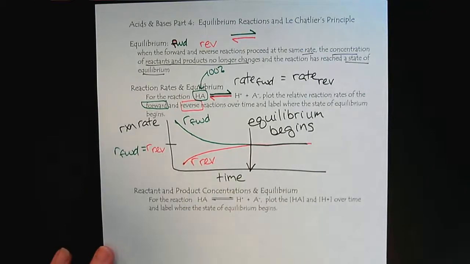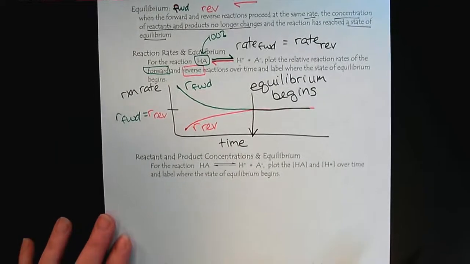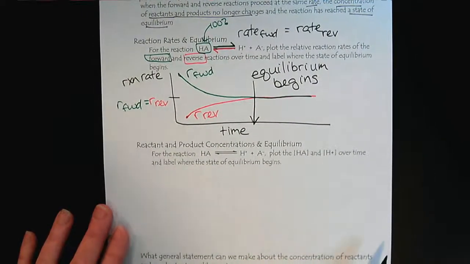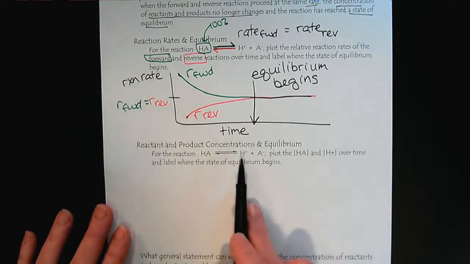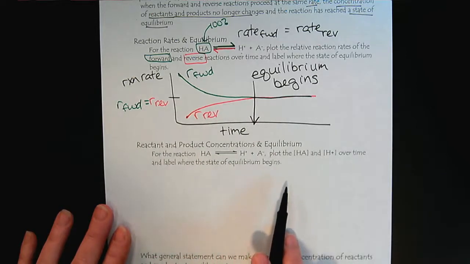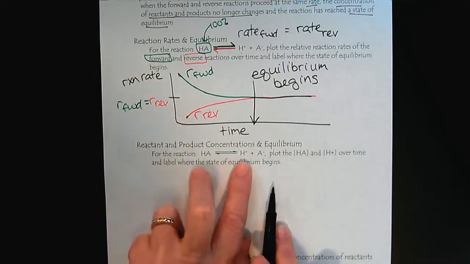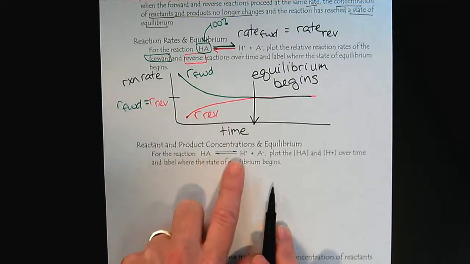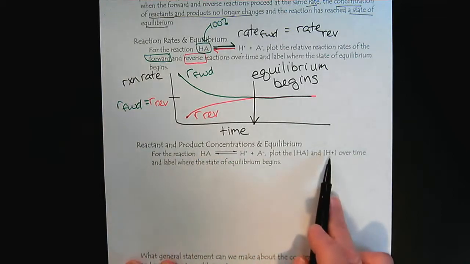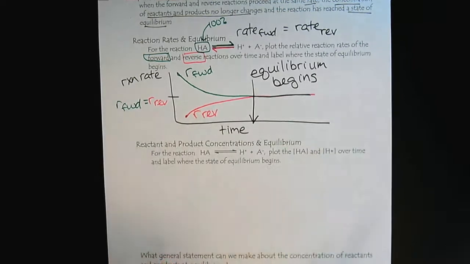Now let's look at the definition of equilibrium in terms of the concentration of the reactants and products. What we said here was that the concentration of reactants and products will stop changing at equilibrium. There are two products here, but because we have a 1-to-1-to-1 reaction, I'll just focus on the H plus concentration since we're really focusing on our acid-base chemistry here.